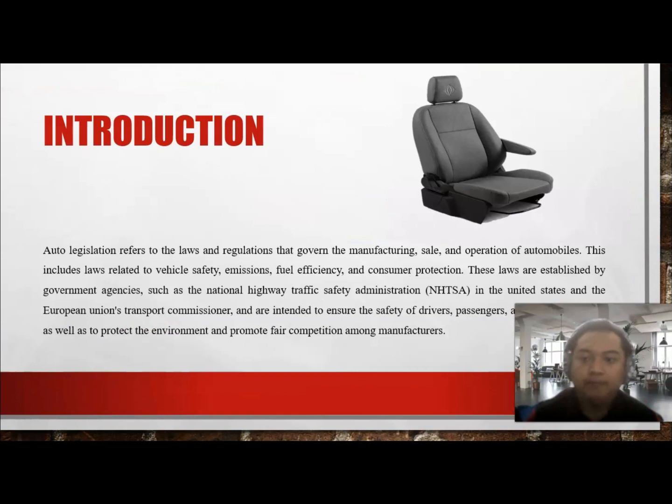Okay, introduction. Auto legislation refers to the law and regulation that govern the manufacturing, sale and operation of automobiles. This includes law related to vehicle safety, emission, fuel efficiency, and customer protection.